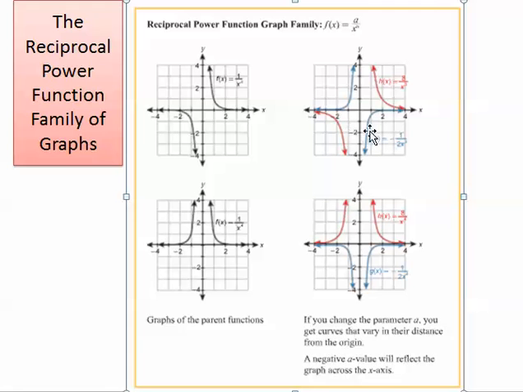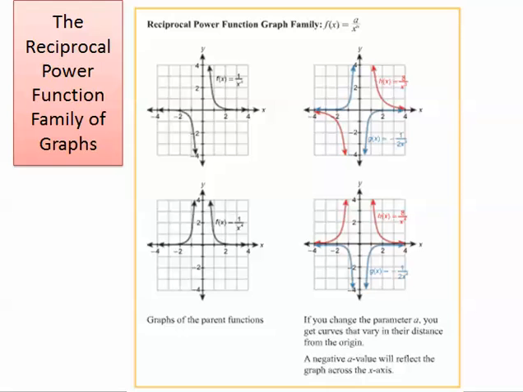But it's still going to have x equals 0 as the vertical asymptote. Down here, the a value just stretches it out a little further, but it's still going to have x equals 0 as the vertical asymptote. The negative sign in front of everything just flips it, rotates it around the x-axis.